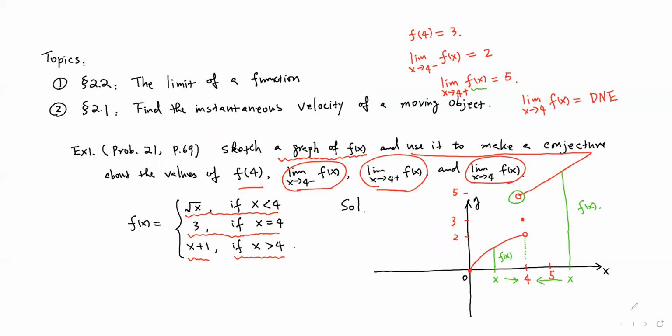The third example today, I take a problem about the second topic, finding the instantaneous velocity of a moving object. Example number 3. This is example number 1, section 2.1 in the book, page 56.